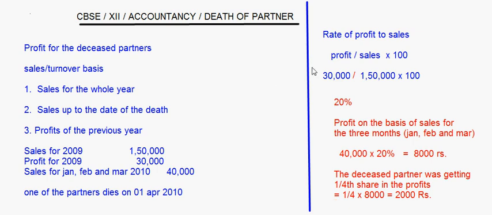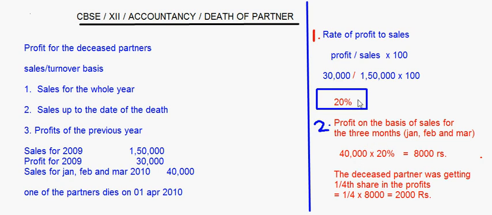Is that right? Understood? So now what we are doing here is, the first thing that you do is you have to calculate the rate of profit to sales. Once that rate has been found out, that is 20% here, right? After that, the next step is for up to the time of the partner's death, you have to find out the profit.